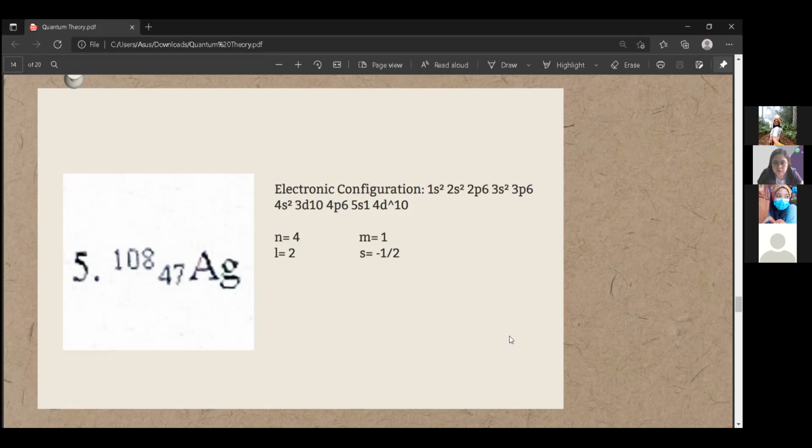And we came up with the electronic configuration of silver: 1s2, 2s2, 2p6, 3s2, 3p6, 4s2, 3d10, 4p6, 5s2, and 4d9.